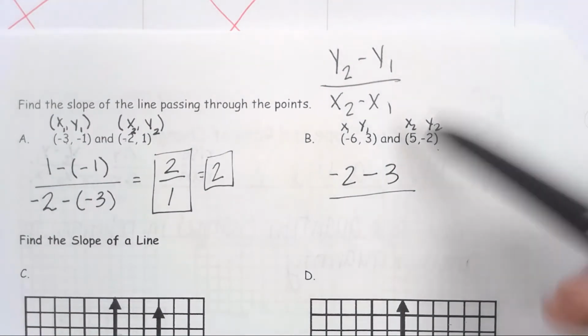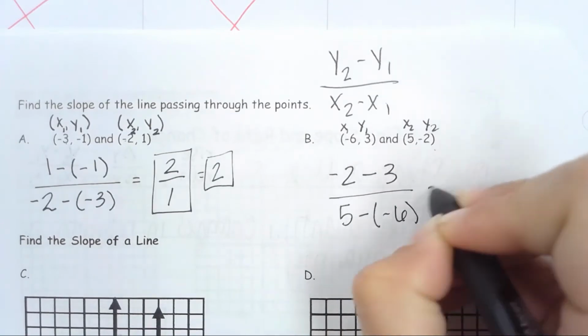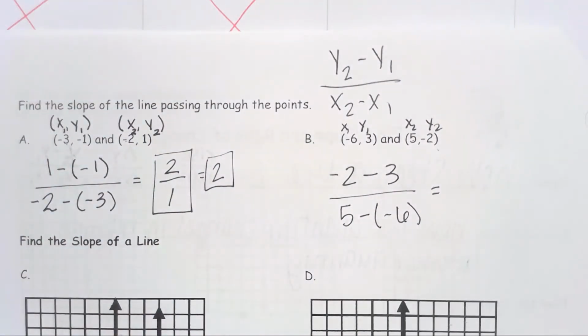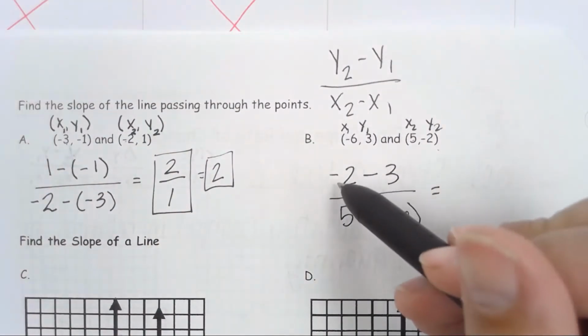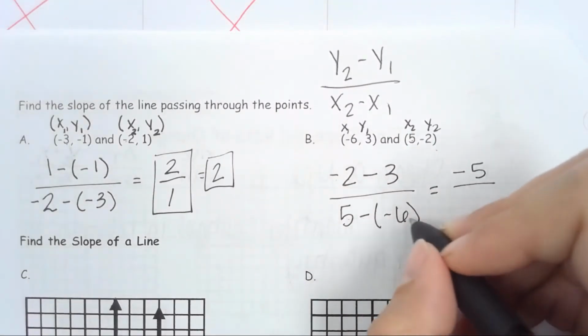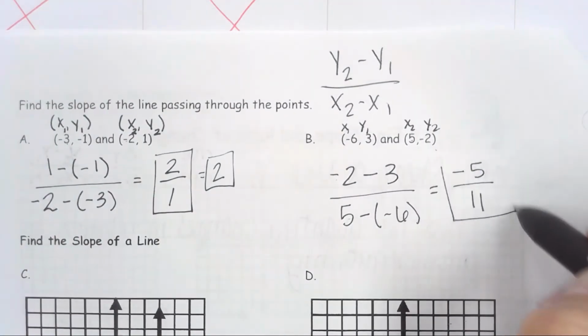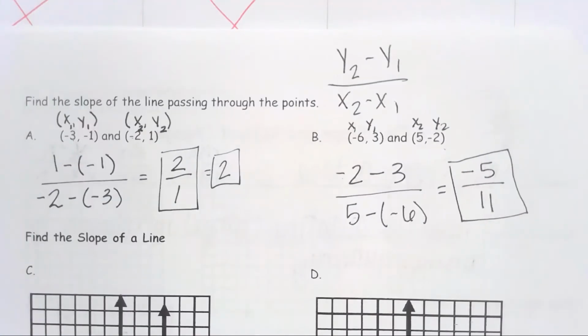And then x2 minus x1, so this would be 5 minus -6. And then we're just going to simplify. So -2 minus 3 is -5. 5 minus a -6 is a +11. That cannot be simplified, so that is my slope.